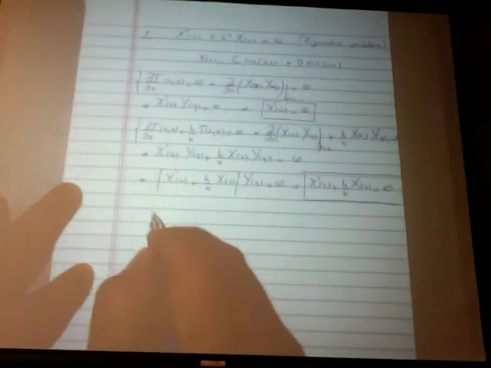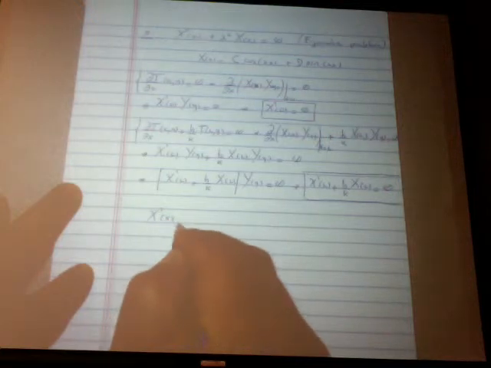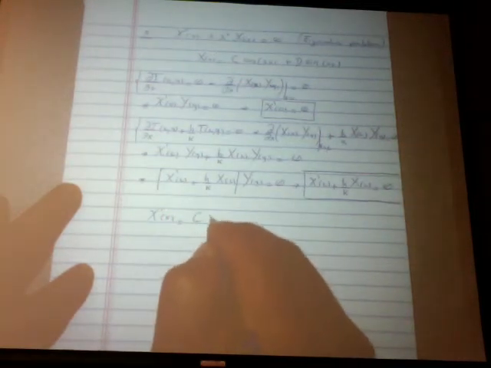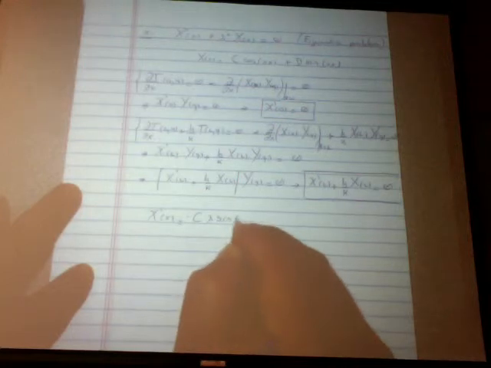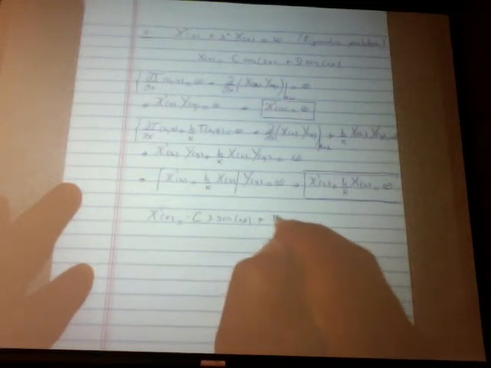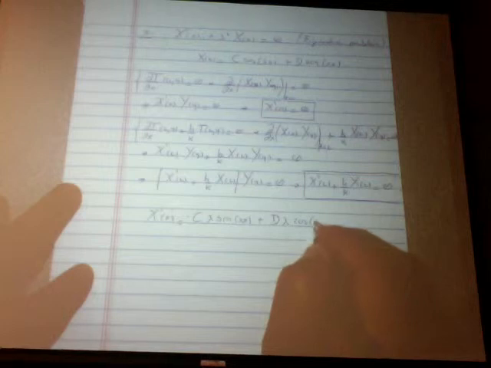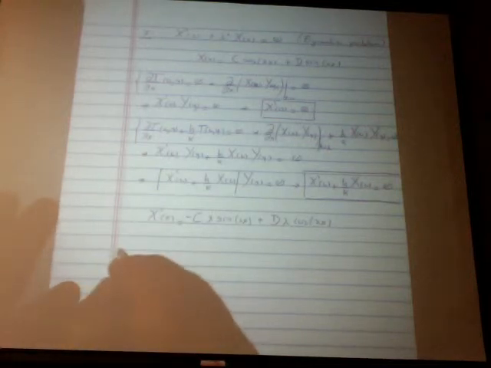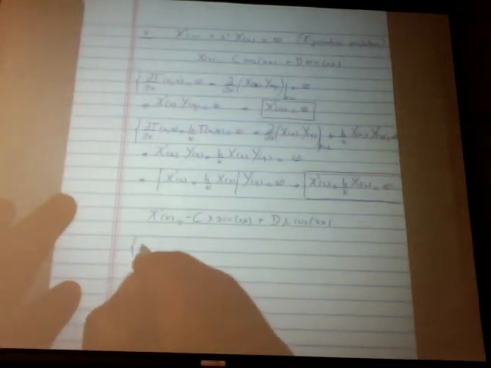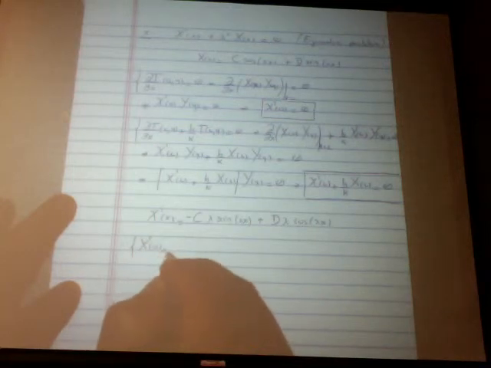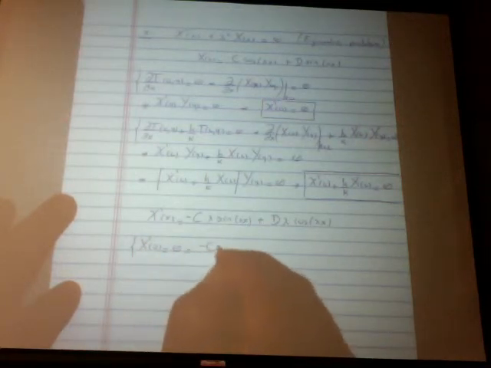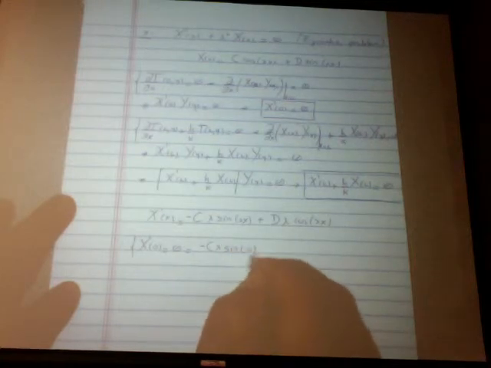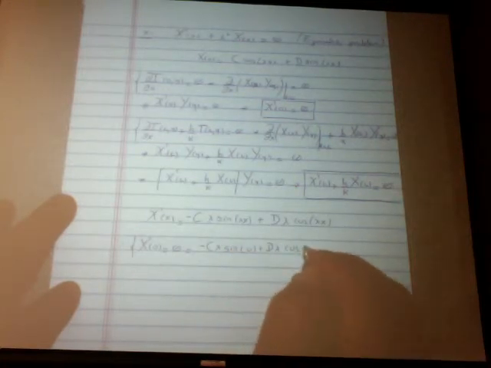Well, first of all, the general solution is X of x equals c cosine plus d sine. So X prime of x is equal to c lambda negative sine of lambda x plus d lambda cosine of lambda x, right? Such that the first condition said that X prime of 0 was equal to 0, which is equal to minus c lambda sine of 0 plus d lambda cosine of 0.